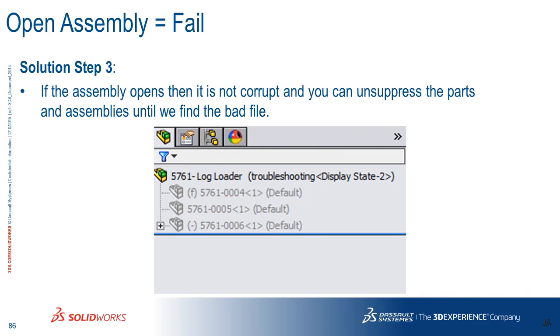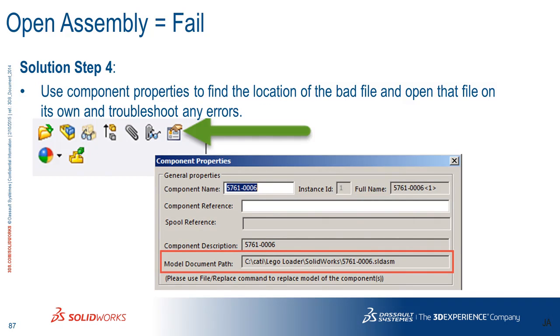Then we can start unsuppressing parts and sub-assemblies until we find the bad file, the one with the rebuild symbol or the exclamation mark. Maybe there's a problem with the mates. We'll figure that out as we unsuppress those different items. Use the component properties, find the location of the bad file, open that up, and troubleshoot any errors with that individual file.